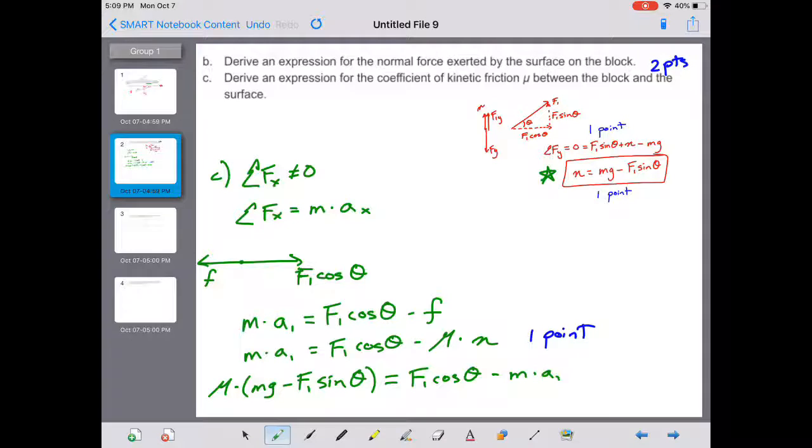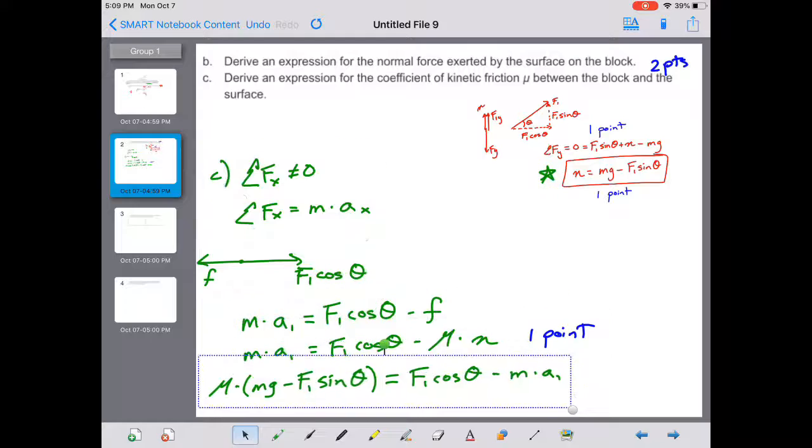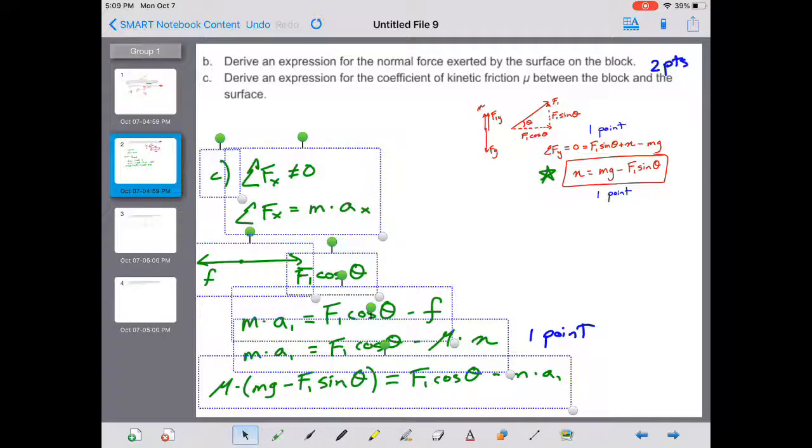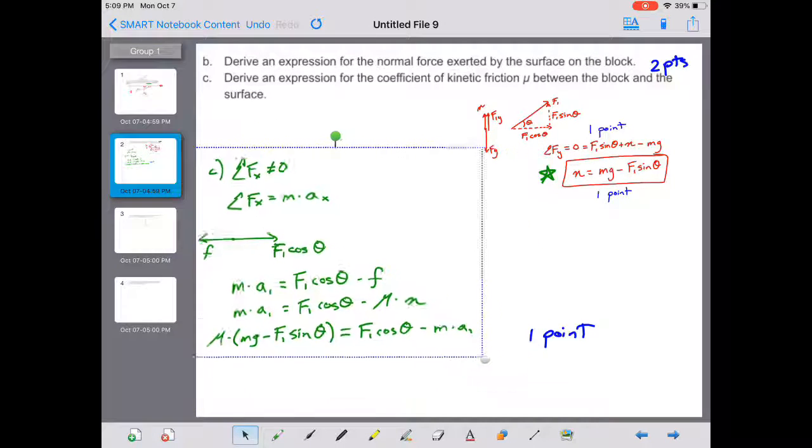So that simply was a substitution right there, and I put mu and normal force on a side by itself. Again, let's see if I can do this a little bit faster this time around. Maybe not. There we go.